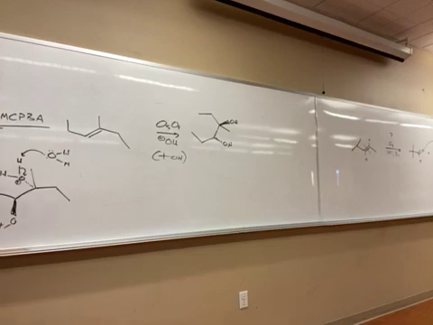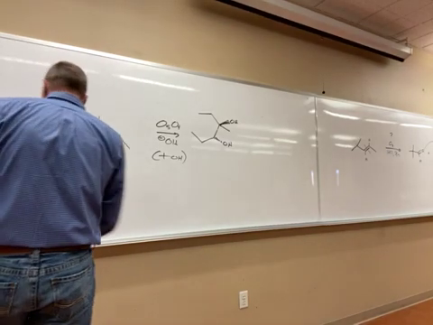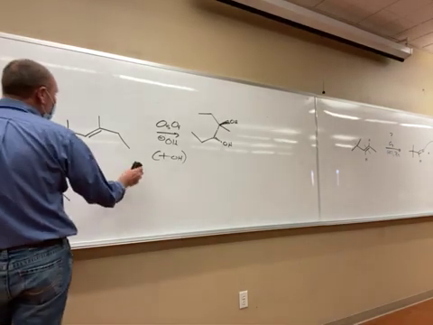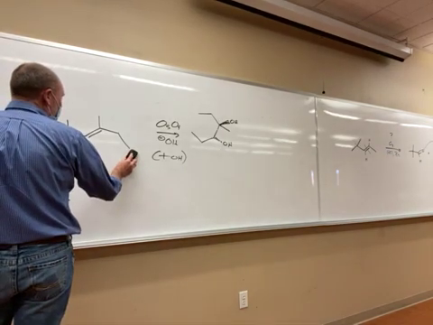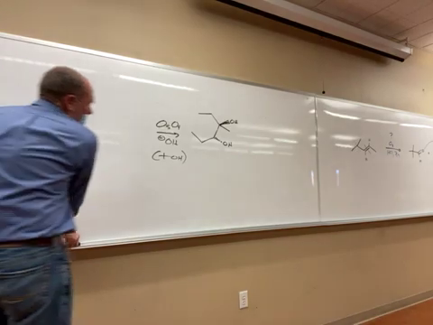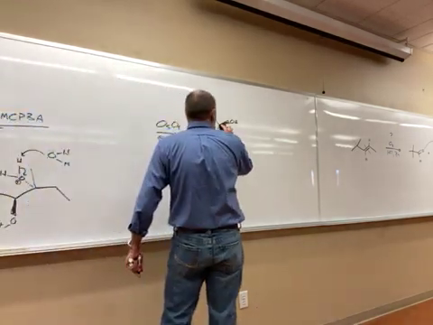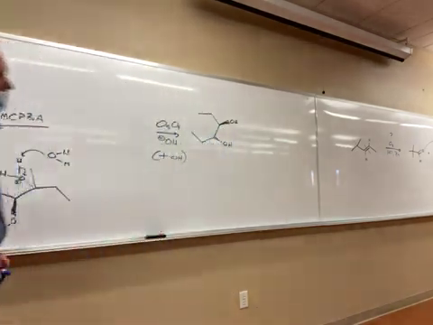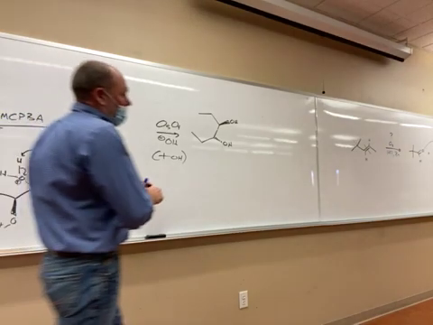Now here's what I would ask. Let's take this one step further. Let's say we don't know how to do this, and let's say that we don't have that methyl group there. Can you come up with a way?